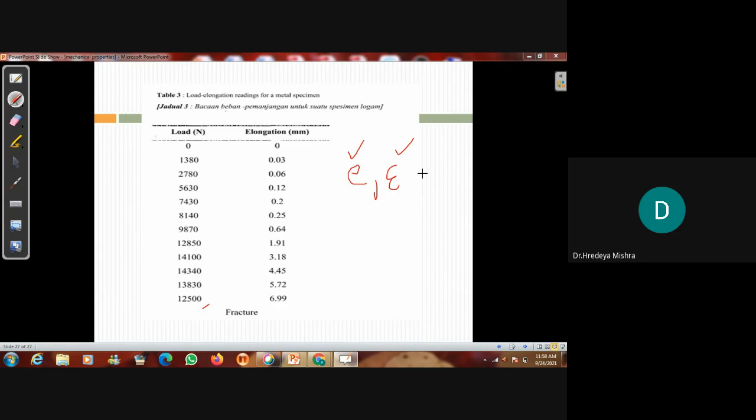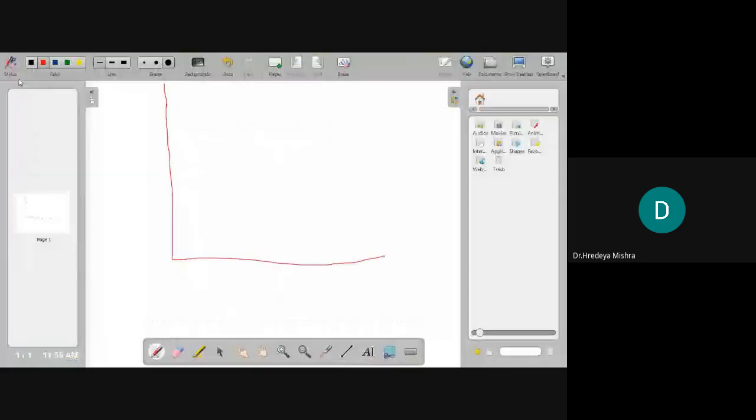Means when you are going to solve the question, you must write what the elongation is in mm. That's it, there is no problem. So please take the screenshot of this table, and in the next lecture you have to draw the stress strain diagram.